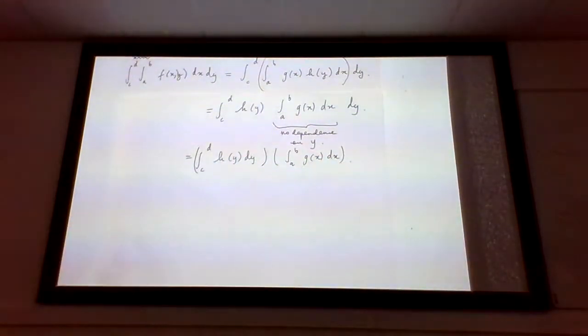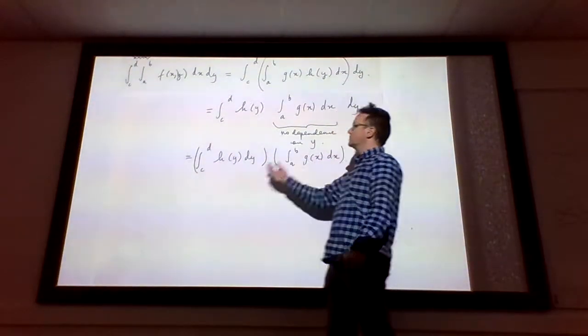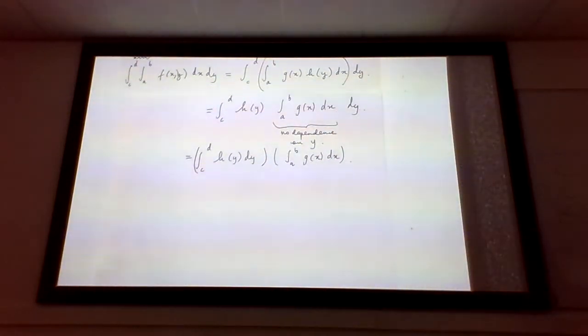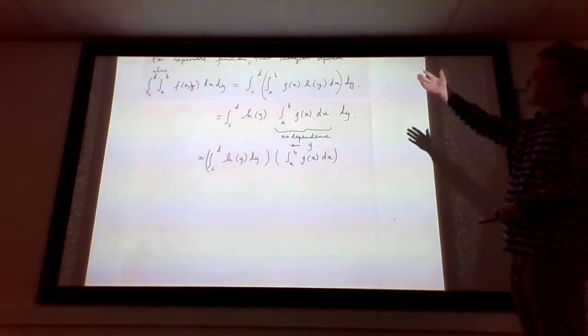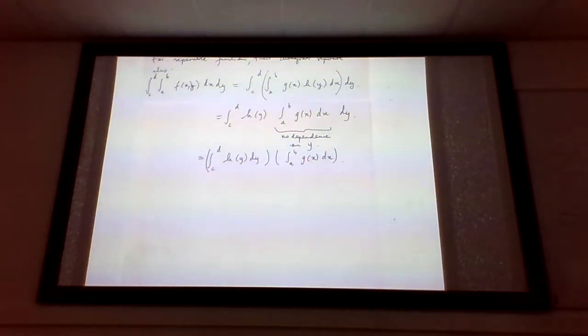So you've got the two integrals separated, each doing their own integral, and then multiply together the results. So for separable functions, the double integrals, at least over rectangular regions like this, also separate.